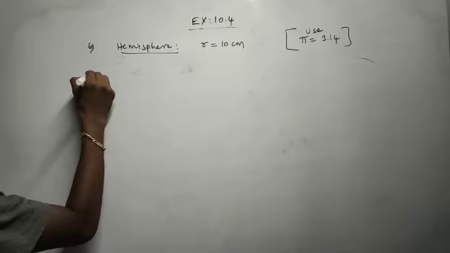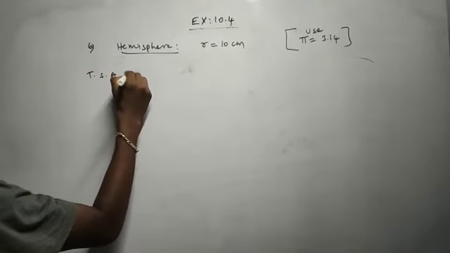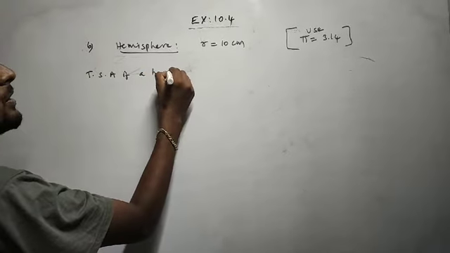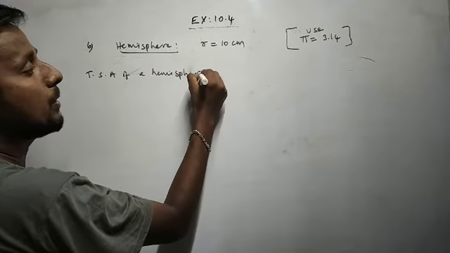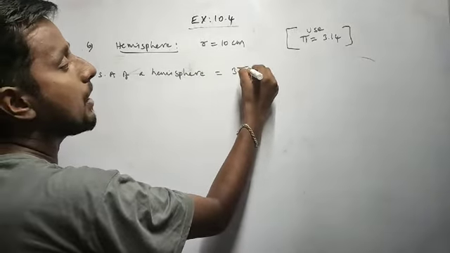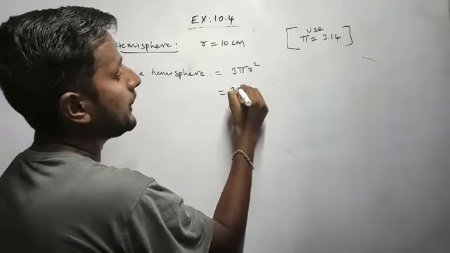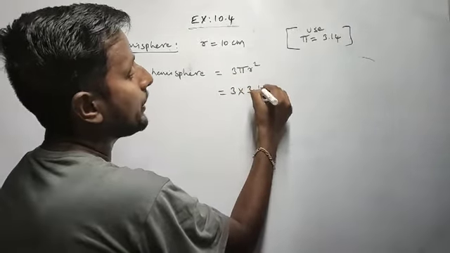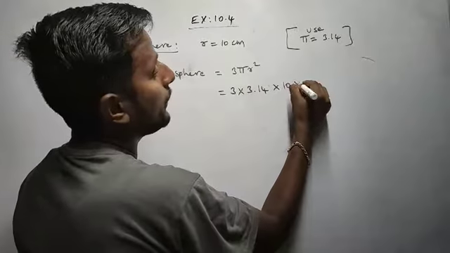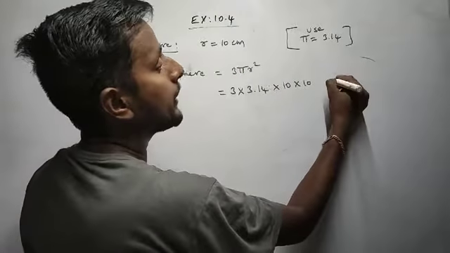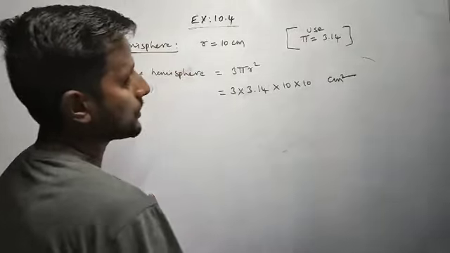Right. So total surface area of a hemisphere, formula 3 pi r square. Okay, so we'll write 3 into pi value 3.14 into 10 into 10, and it's surface area, no? So we'll write centimeter square.